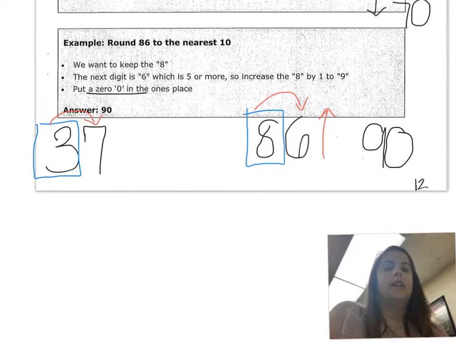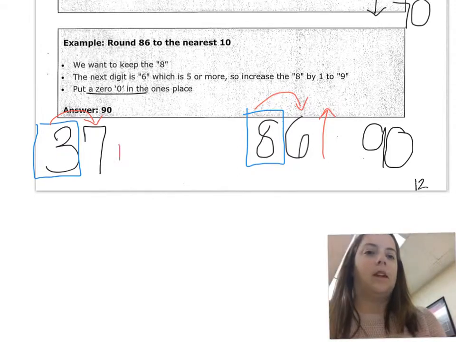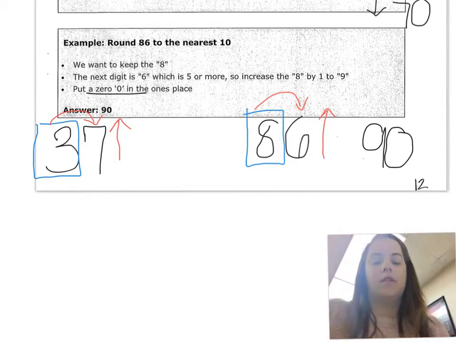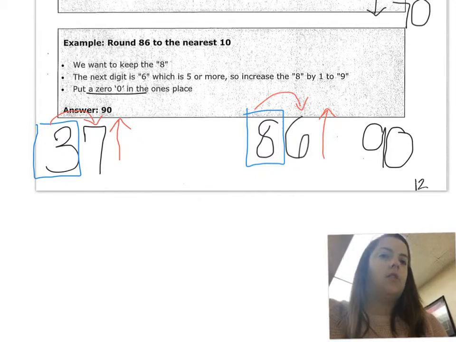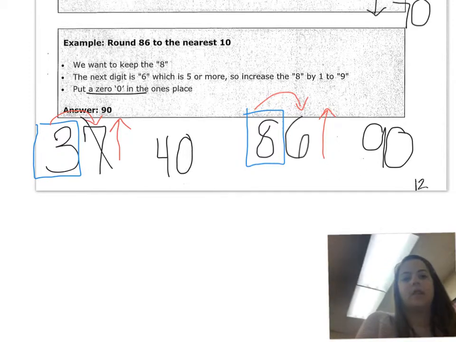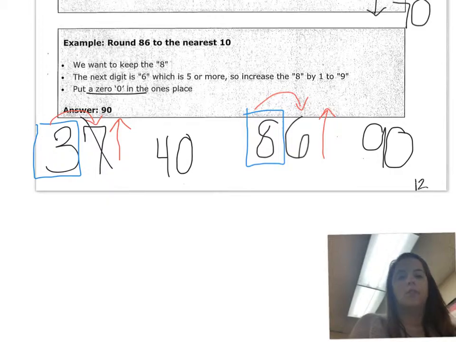Is that 7 more than a 5 or less than 5? It's more. So I'm going to bump up. If I'm bumping up, up goes my 3 to a 4, and my 7 becomes a 0. There's another page we're going to look at, and my video is going to disappear, but hopefully you should be able to hear me.